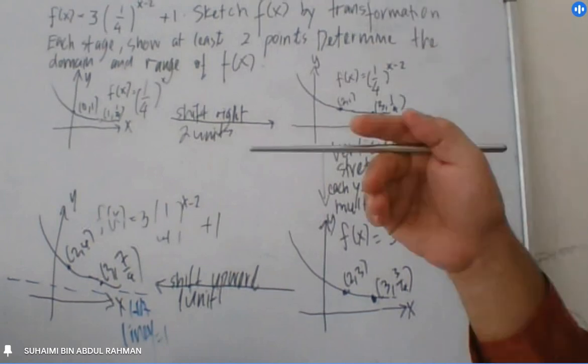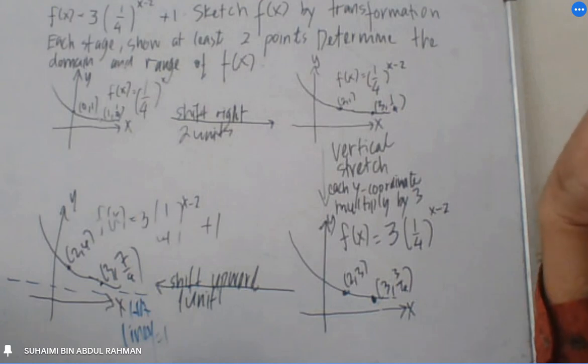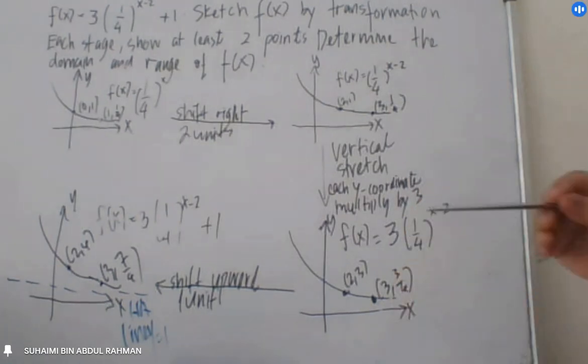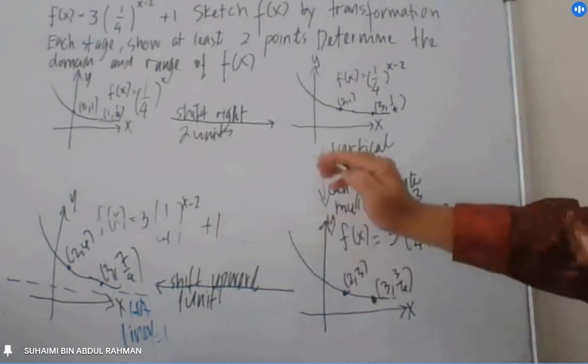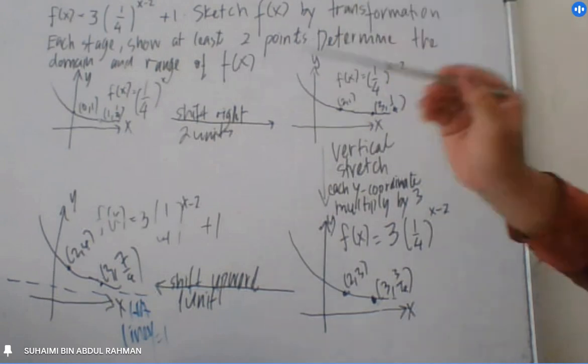Which transformation is not involved here? Reflections. We don't have reflections. When we see the function, we know there is no reflection.